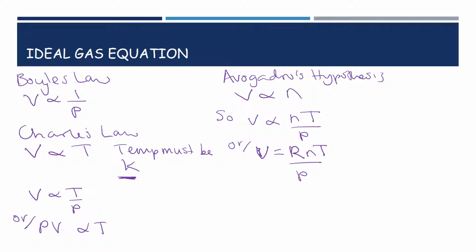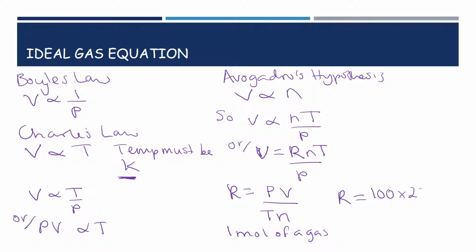To calculate the gas constant, we know that the gas constant R is equal to P times V divided by T times n. And we know that for 1 mole of a gas, R at STP is 100 times 22.71 divided by the temperature, 273.15, times 1.